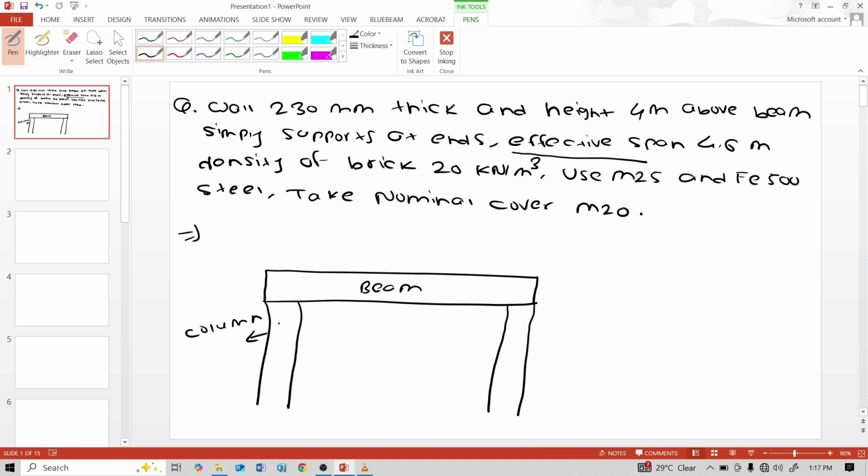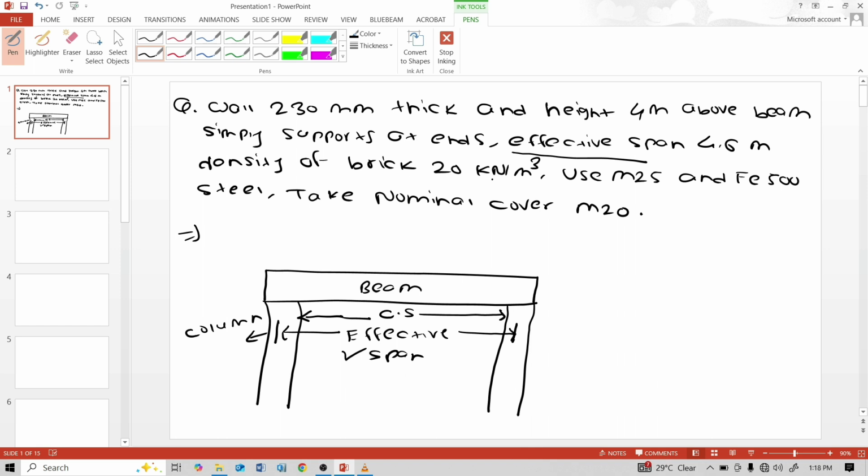Distance between center of column to center of column is effective span. And what is clear span? Clear span is inner distance of column. This is clear span. So in numerical, they have given us effective span. For design, we take effective span.